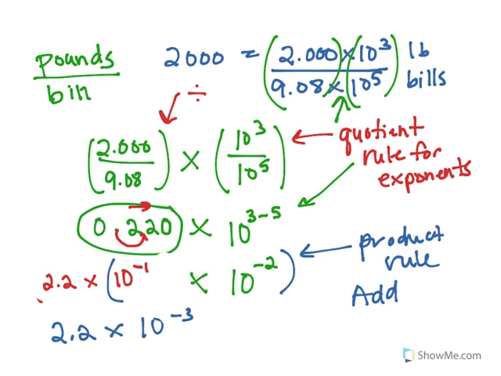So now we know that each bill weighs 2.2 times 10 to the negative 3 pounds.